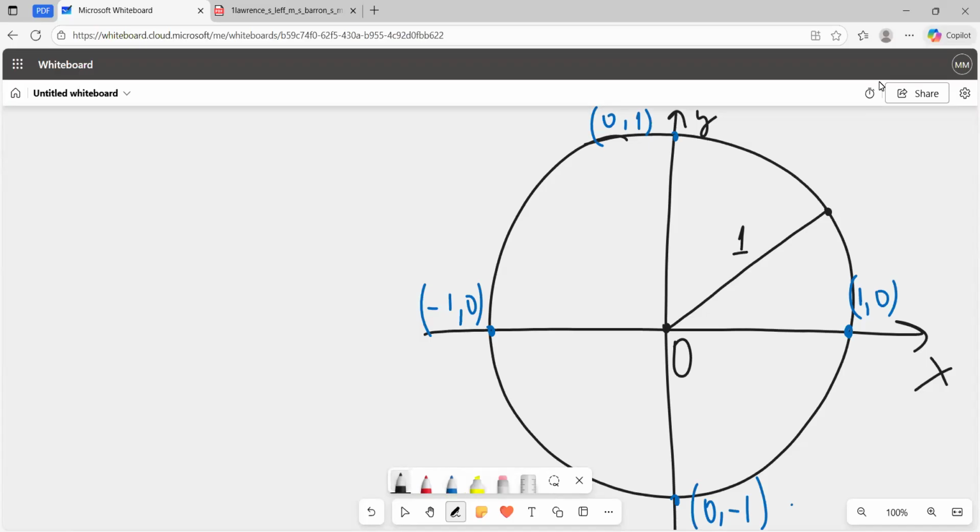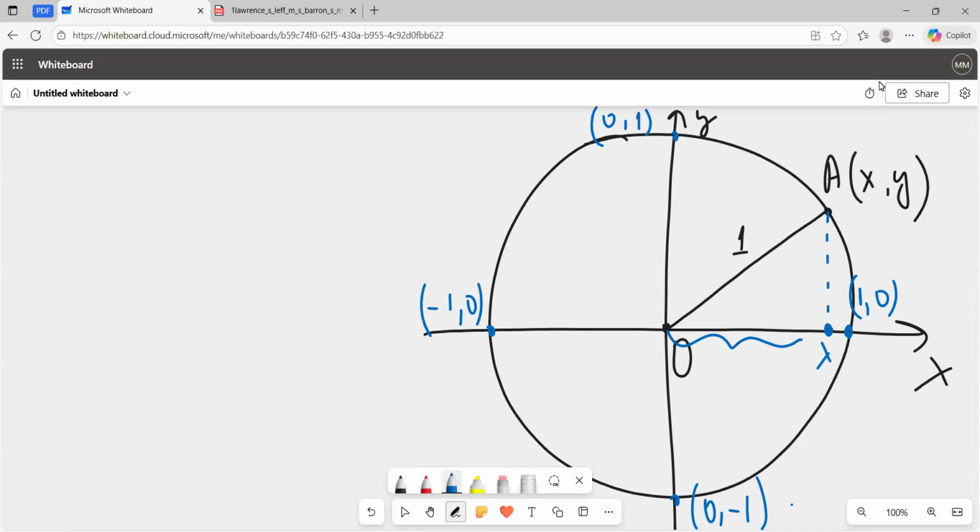And consider that the coordinates of a point A on a circle are x and y, means that this is x.